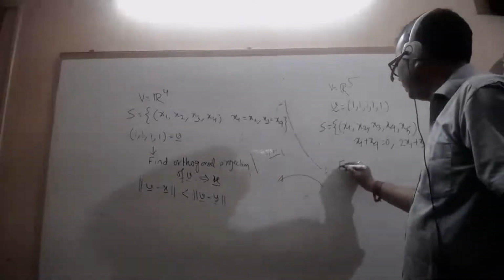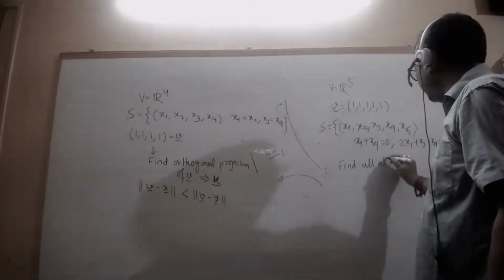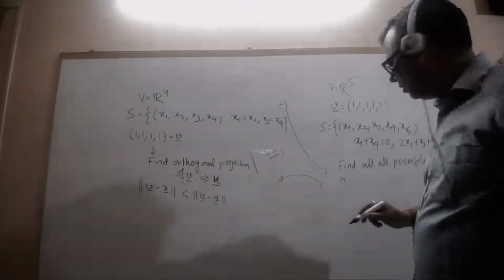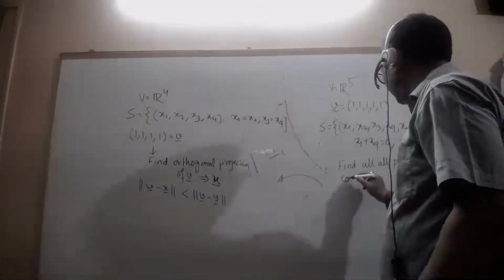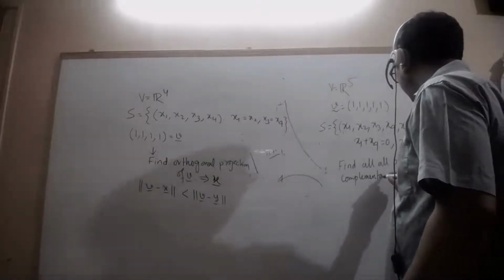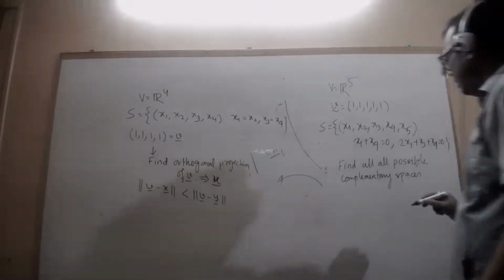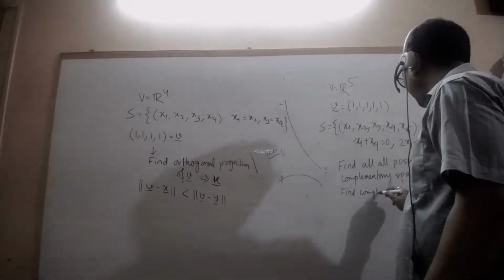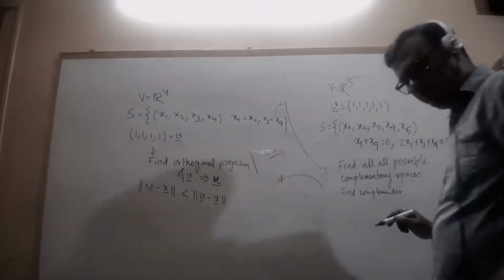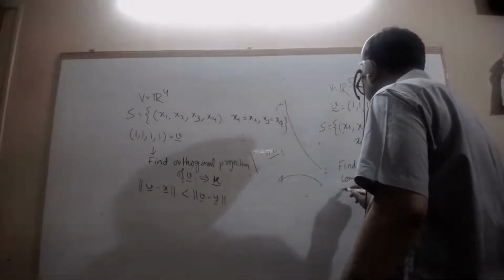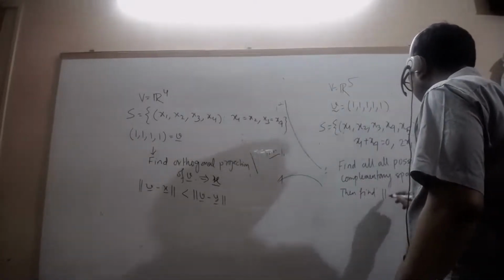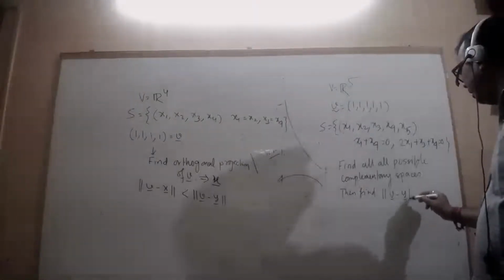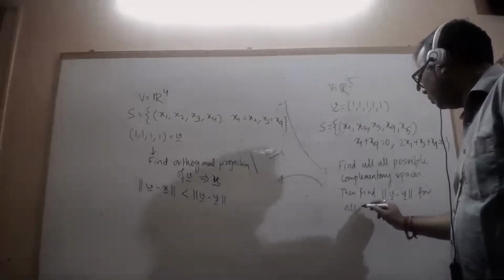Find all possible complementary space, then find norm of V curve minus y curve for all complementary spaces.